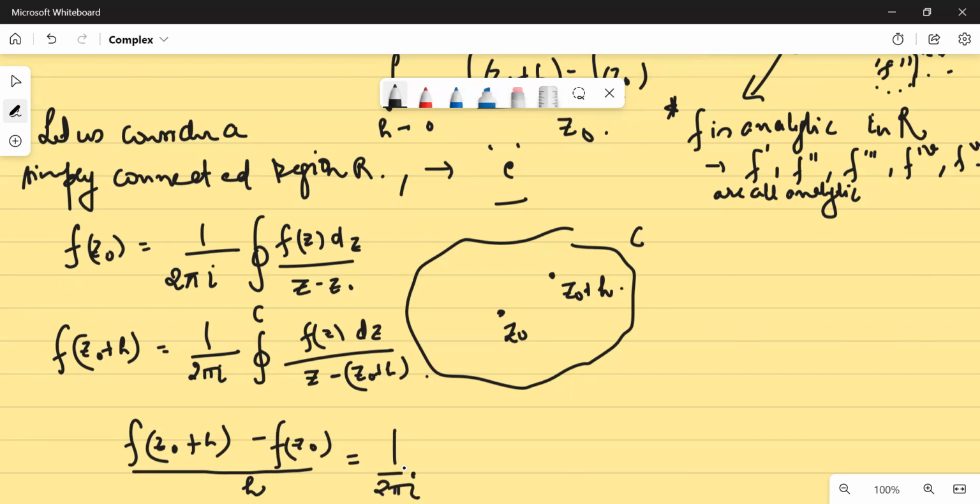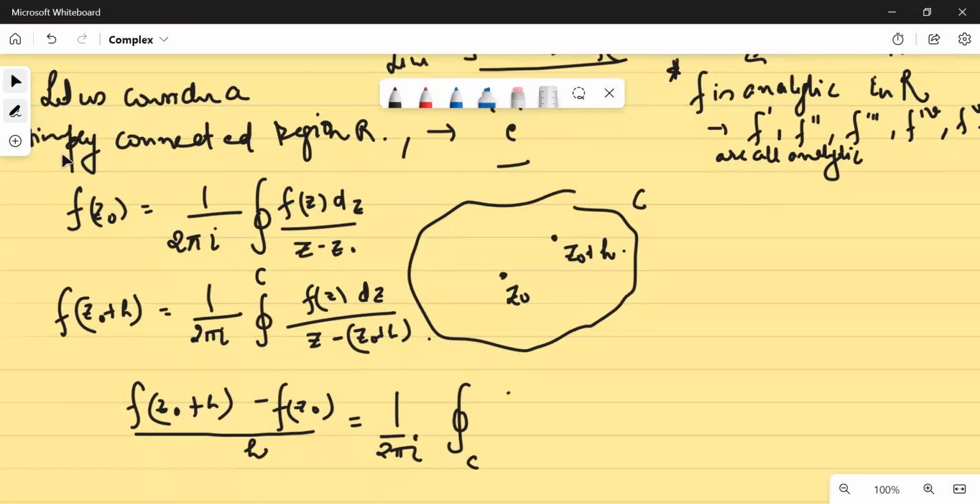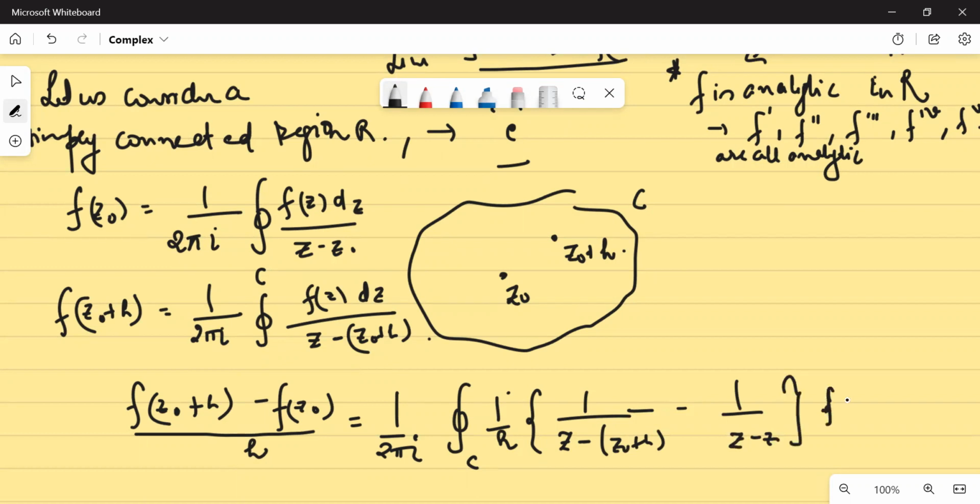So this will be equal to 1 upon 2 pi iota integral over C, and if I just write the minus, this is 1 upon h, so write 1 upon h here, no problem, with dz. It will be 1 upon z minus (z naught plus h), and then minus 1 upon z minus z naught. One f(z) will also come and one dz, right? Is that clear?